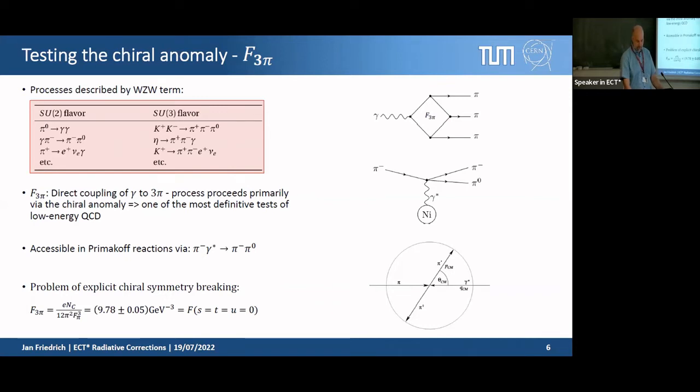And in principle, there is a spin of the photon involved. This is the only quantity that one may have to sum over, or which could lead to some observables. But the outgoing pions, of course, and the incoming pion are spinless.